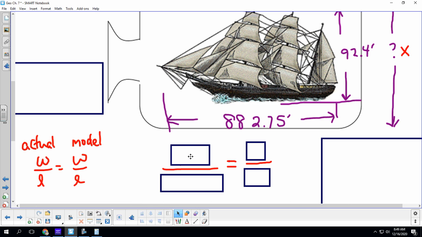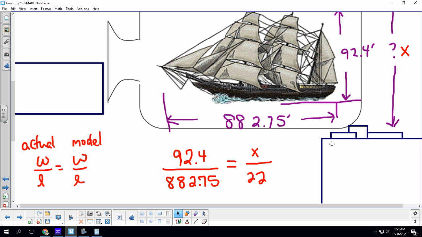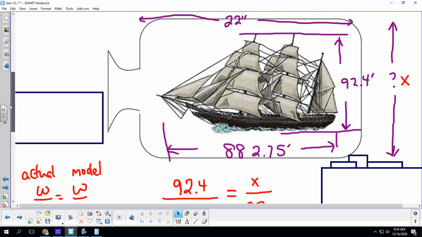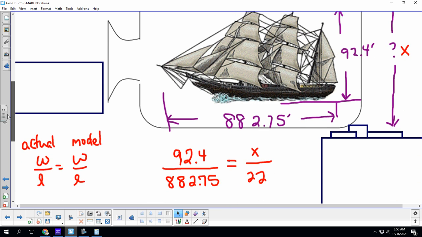So that's going to look like 92.4, which is the actual width, over 882.75, which is the actual length. It's going to be equal to x, the model width, over 22, which is the bottle length.